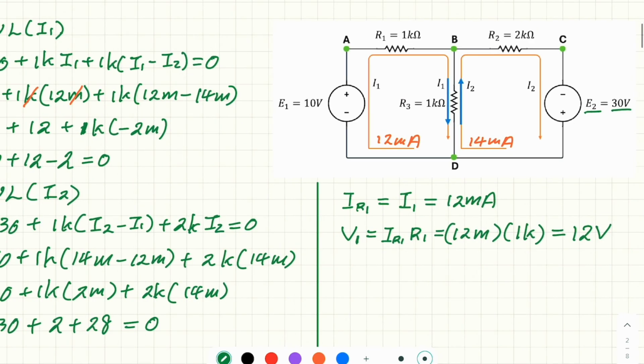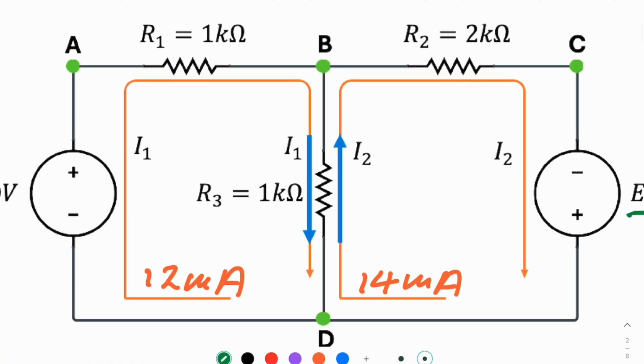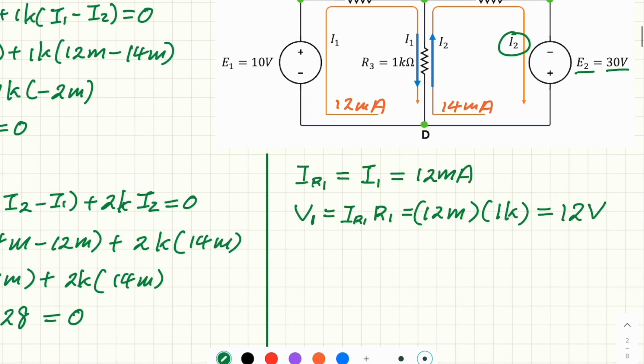Let's look at R2. For R2, there's only one mesh current passing through it, which is I2. So again, the current passing through R2 is the mesh current I2, and it is equal to 14 milliamp.